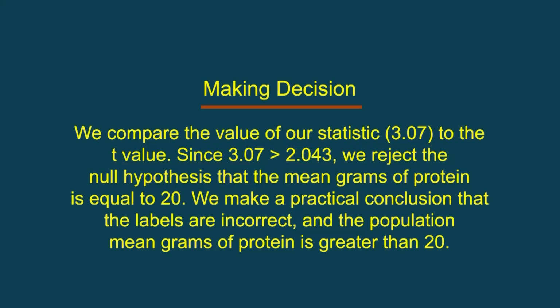So we reject the null hypothesis, that is, the claim that the mean grams of protein is equal to 20 is being rejected. We make a practical conclusion that the labels where the protein level was written are incorrect, and the population mean grams of protein is more than 20.